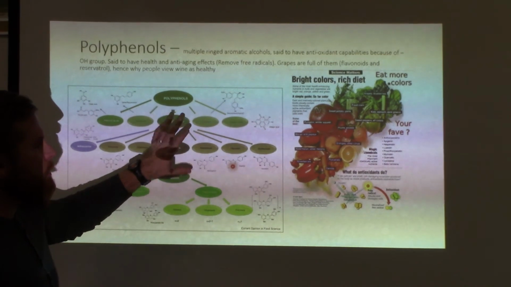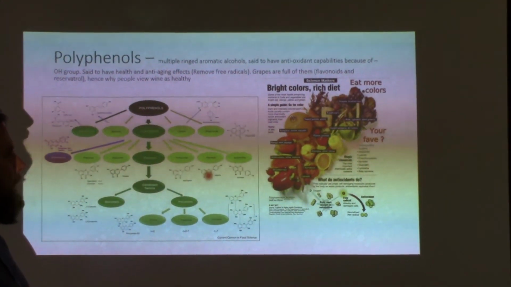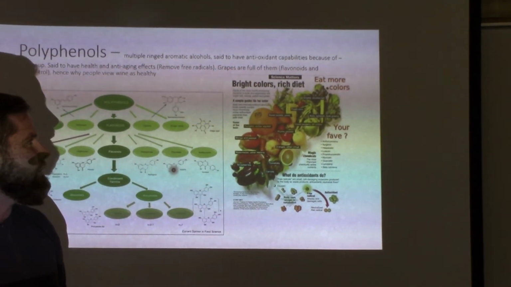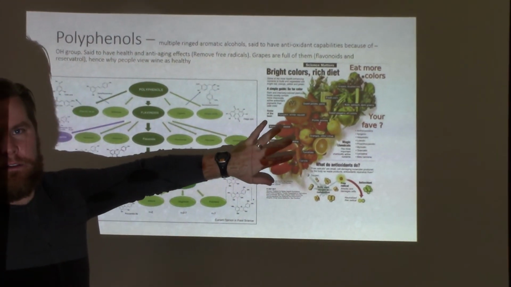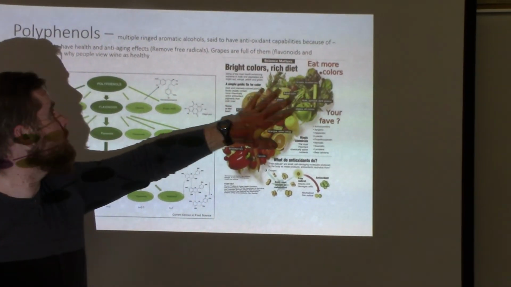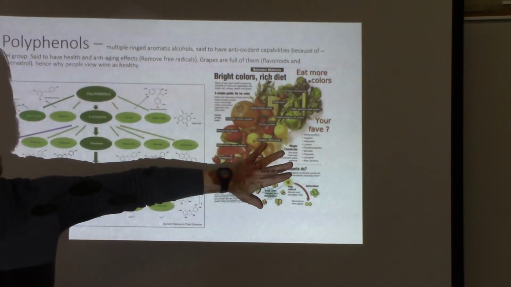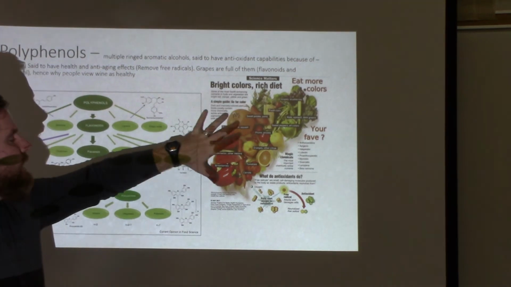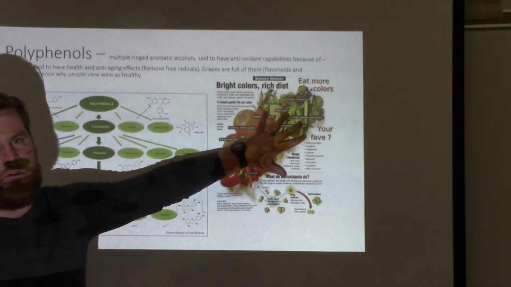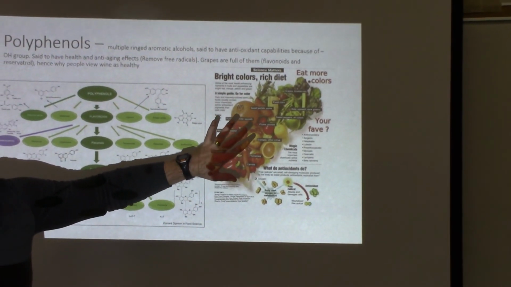But here's a good way for you to figure out if you're getting enough antioxidants in your diet. Now, the more colorful your diet, right? So plant pigments are created from polyphenols. Okay? So the coloration of plants comes from polyphenols, because polyphenols are in photosynthetic pigment. All right?